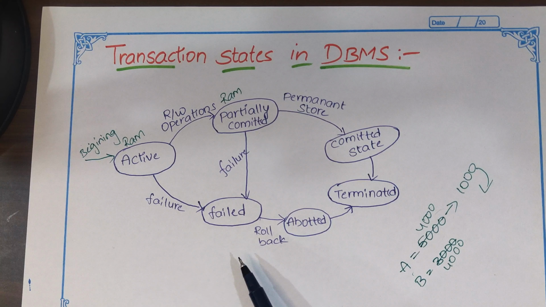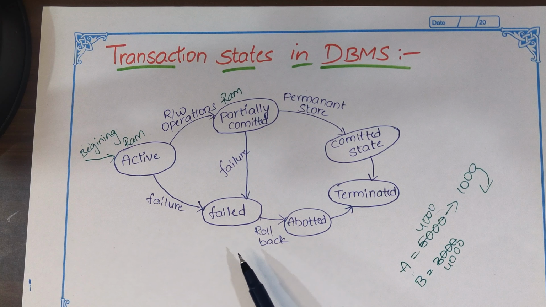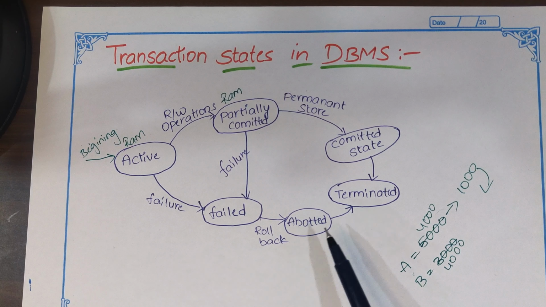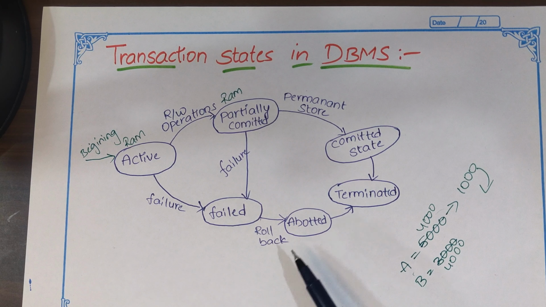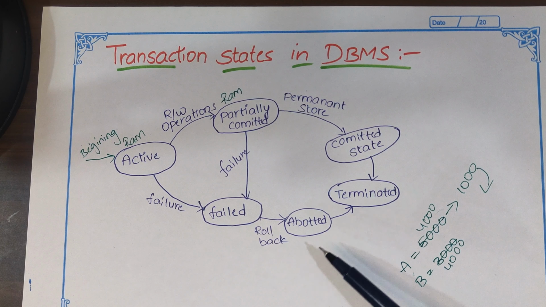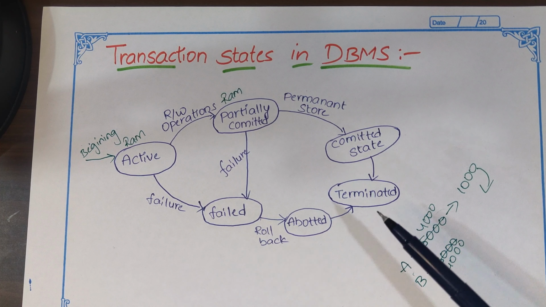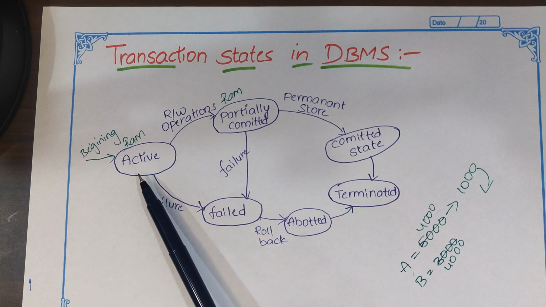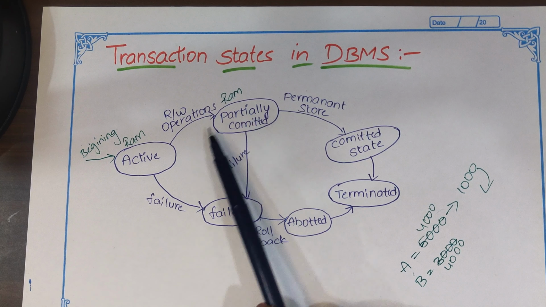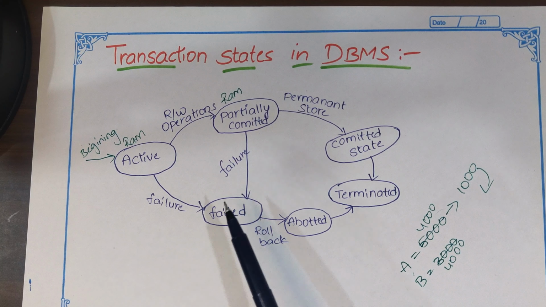Rollback is nothing but going back to the same state as before the transaction. Then it is aborted. Aborted means we are cancelling all the transactions already done. Next, it is terminated and shown fresh, as if nothing happened inside that whole transaction. This is what happens if the active state goes to partially committed and a failure occurs.